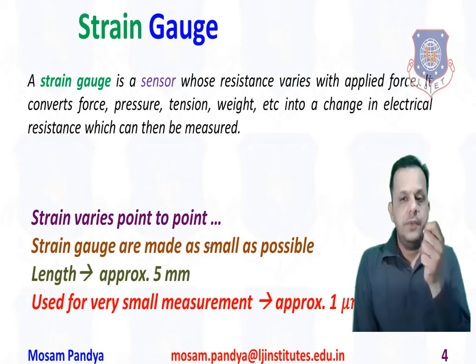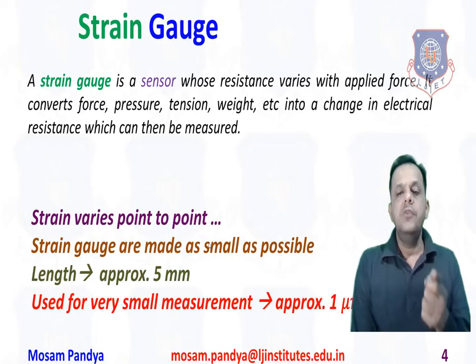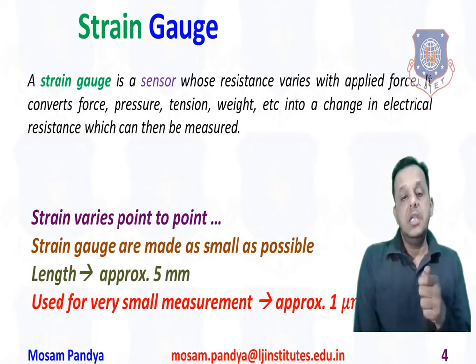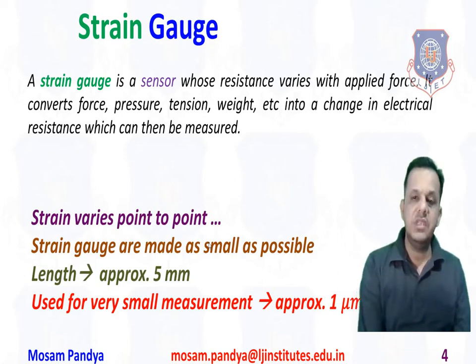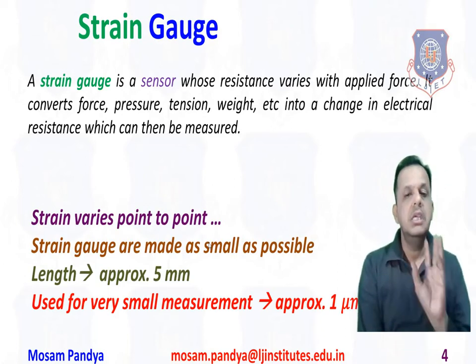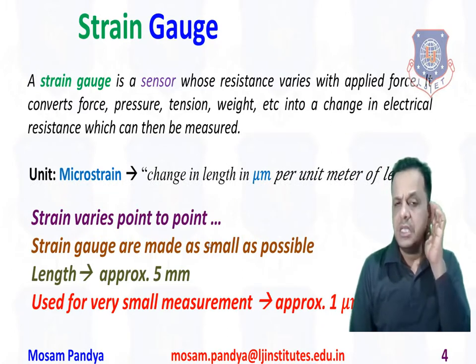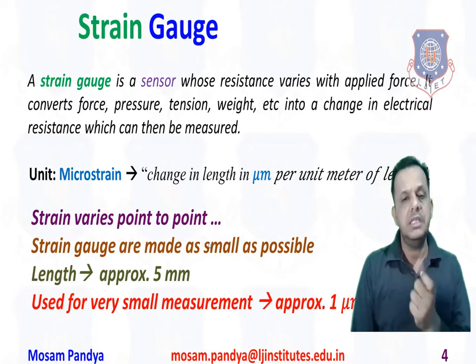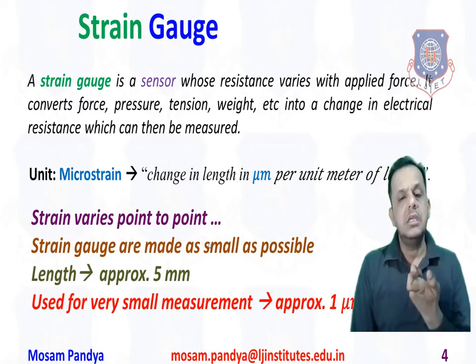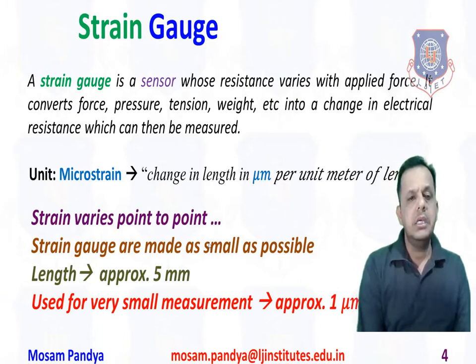So if 1 micrometer, like 10 raised to minus 6 meter variation is there, it will be sensed by the strain gauge, and very sensitive material we are using within the elastic limit of the material, and the unit is microstrain, where change in length in micrometer per unit meter of the length. This is a very standard term in case of strain gauge when we talk about, and the microstrain will be the unit.